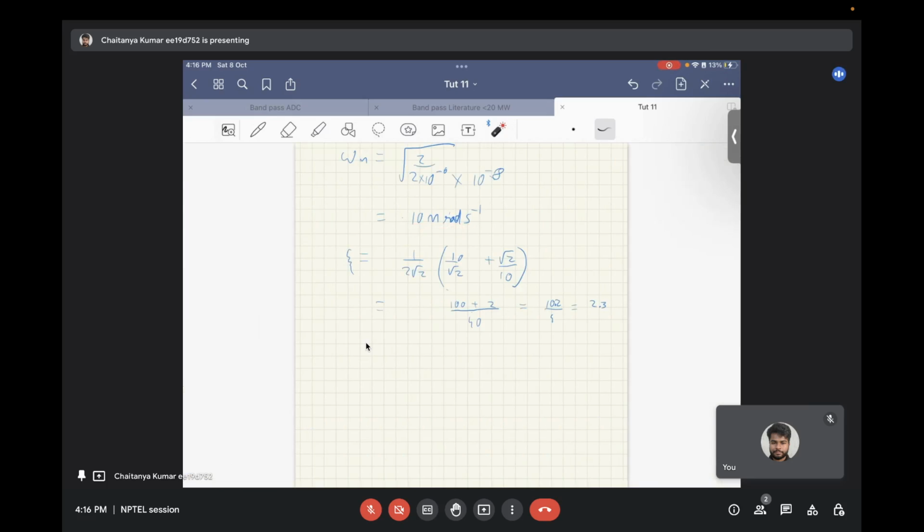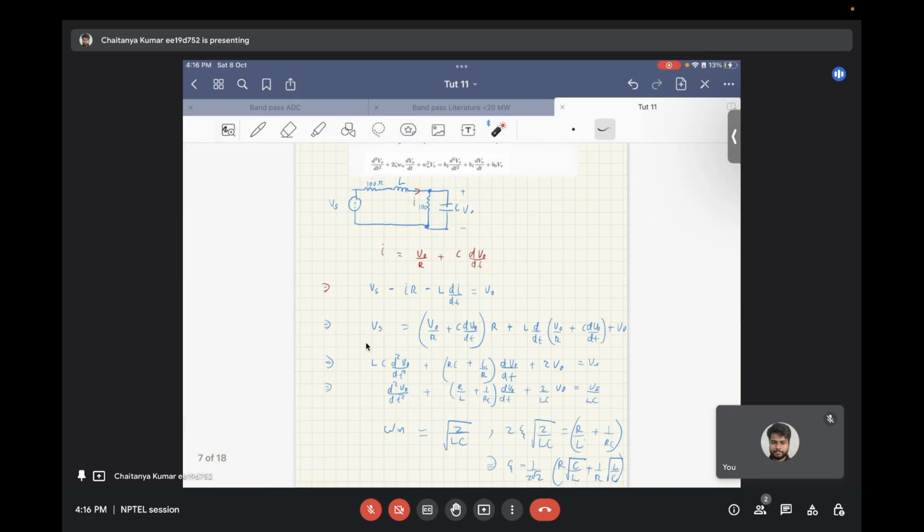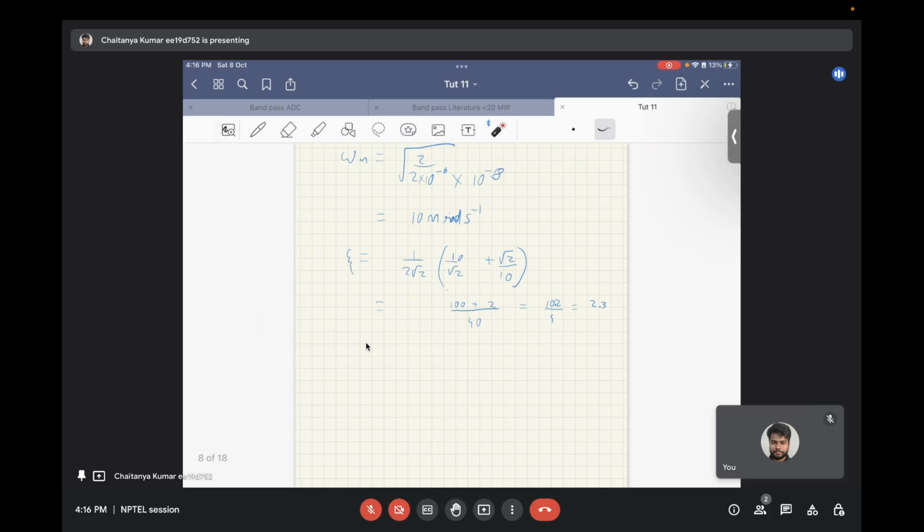And zeta, that is 1 by 2 root 2 times R times root C by L plus 1 by R times root L by C. So substitute the values of L, C and R again. From there you get zeta as 2.3. So this is an overdamped system.